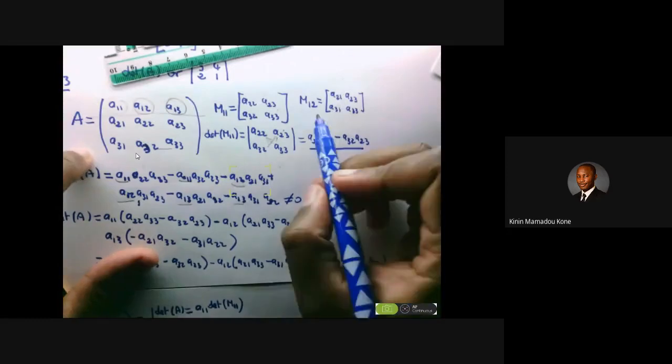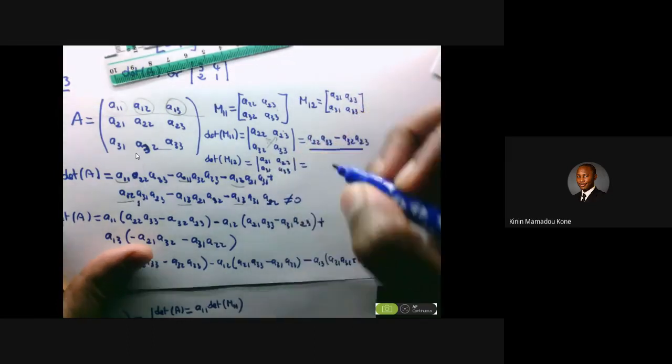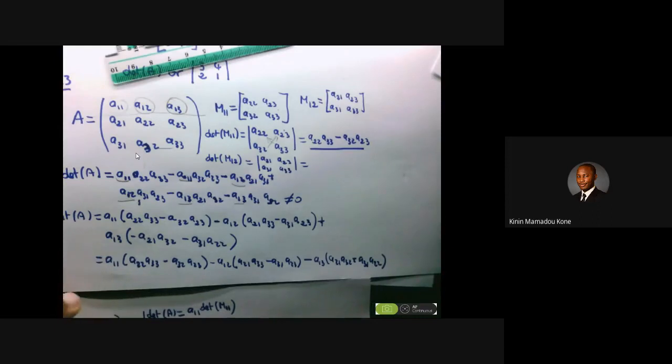If we're looking for the determinant of M12, I'm taking this diagonal, multiplying the diagonal elements.